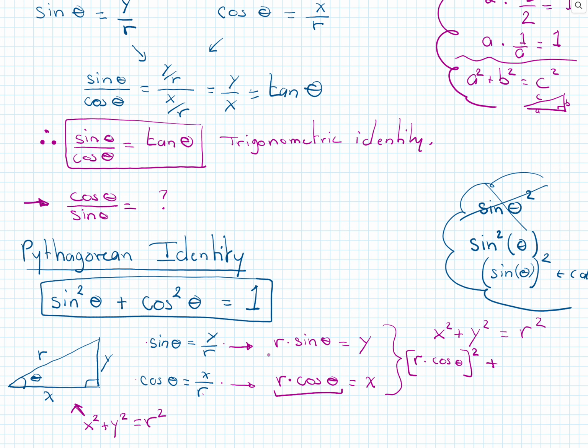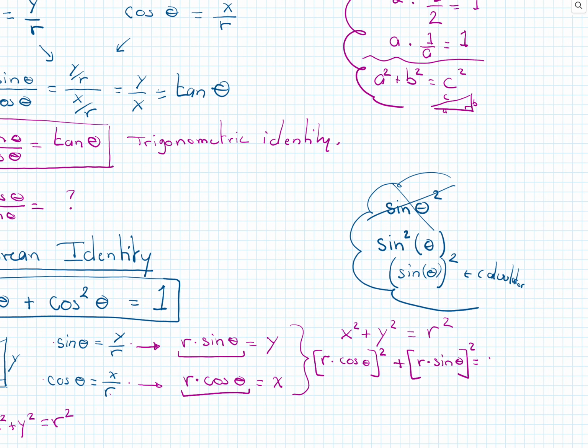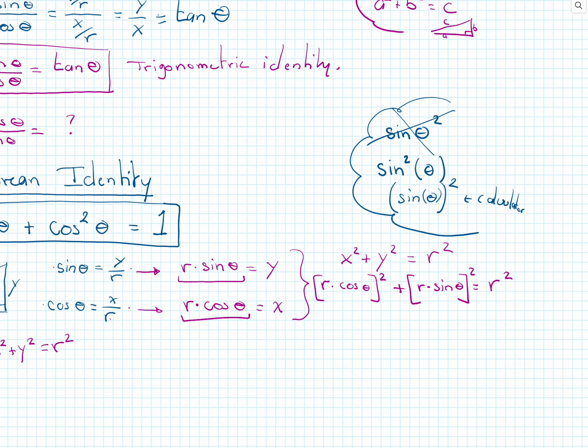Well, y squared is r times sine theta squared, and that would be equal to r squared, right? That's just from above, from the Pythagorean theorem. So you see how I replace the x squared by r cosine theta squared and the y squared by r sine theta quantity squared. And now we're going to just do a little bit of algebra.